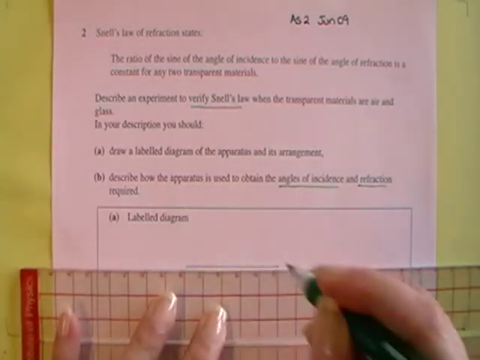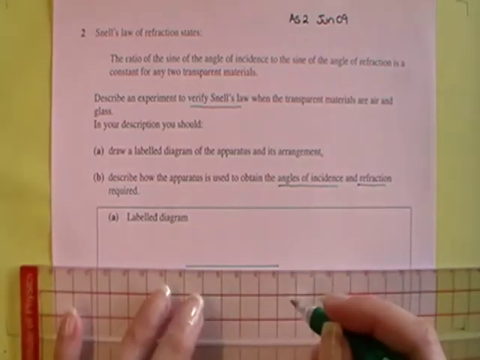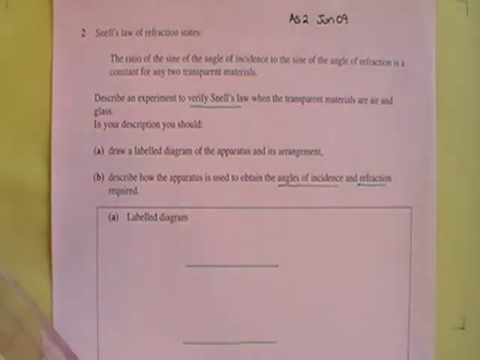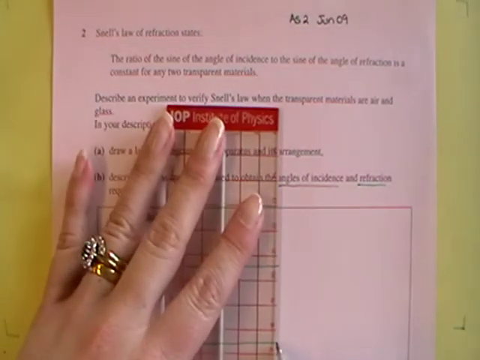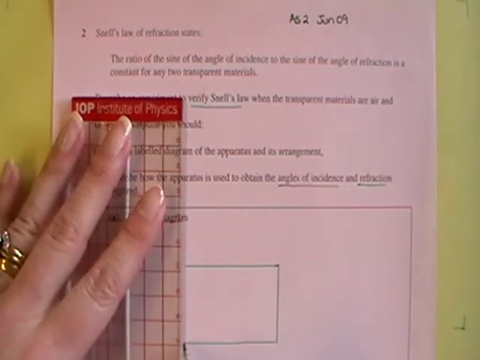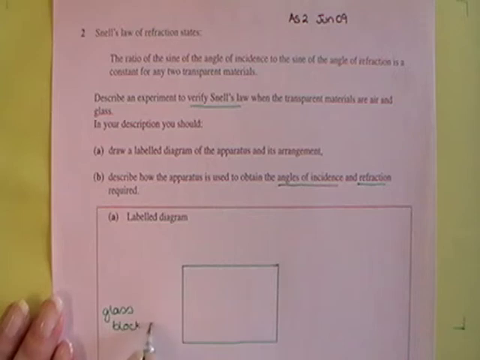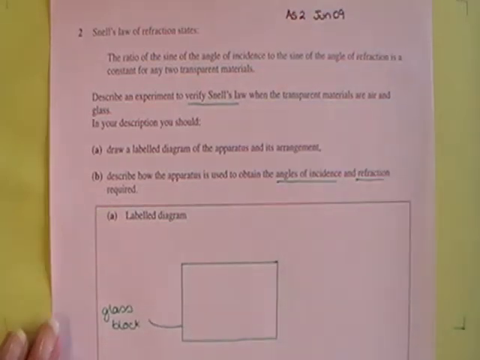We draw a glass block of any shape. The easiest one is a rectangular block. So we have to label it: glass block.